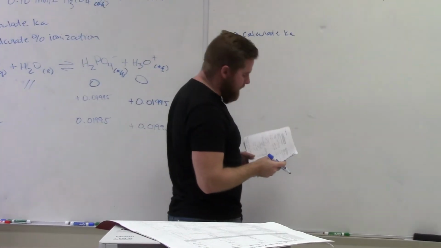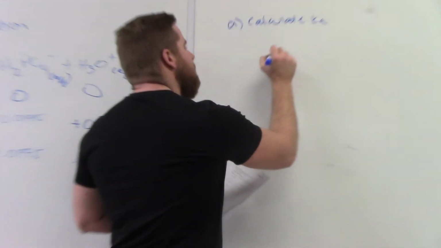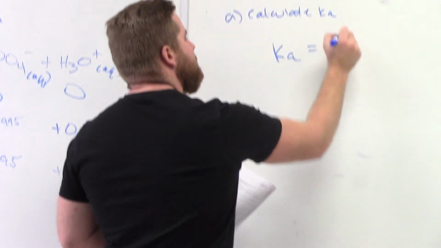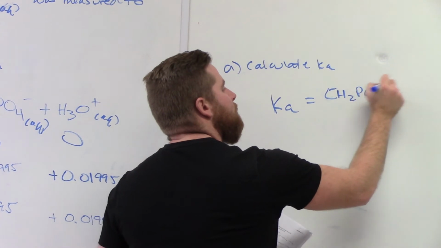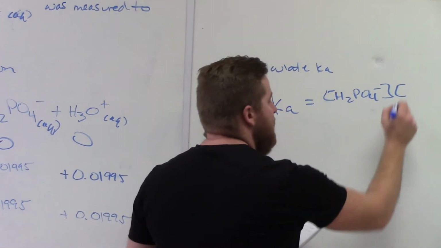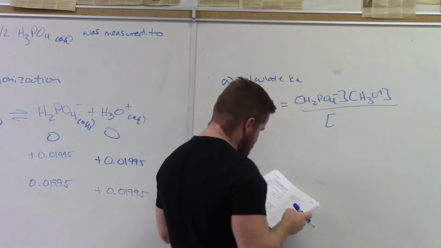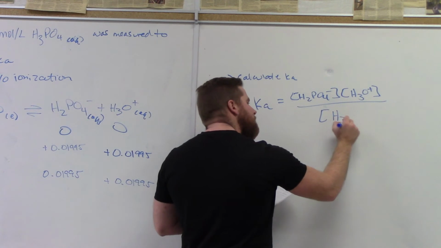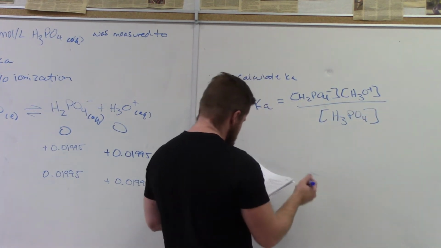So let's calculate Ka. Ka equals products over reactants. So that's H2PO4 negative multiplied by concentration of hydronium over concentration of H3PO4.